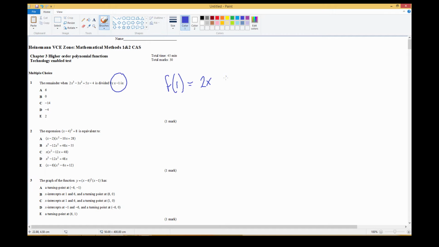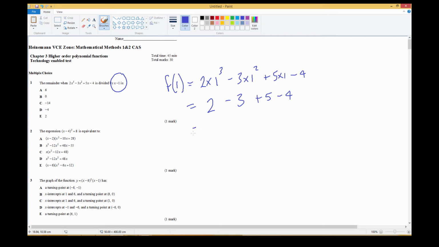Right, so you're going to get 2 times 1 cubed minus 3 times 1 squared plus 5 times 1 minus 4, and you'll get 2 minus 3 plus 5 minus 4.